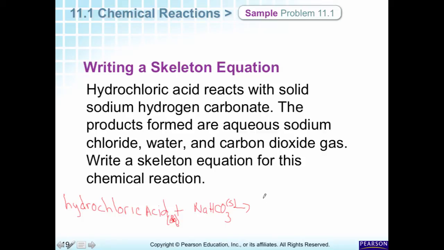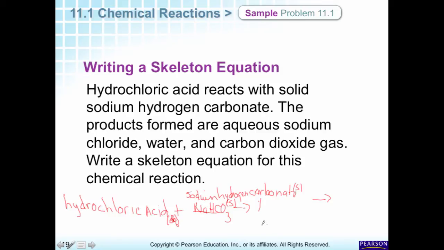Products formed are aqueous sodium chloride. Oh, you know what I'm doing? I'm writing the skeleton equation. I should write it out. So I should have said sodium hydrogen carbonate, and after that I could say solid.